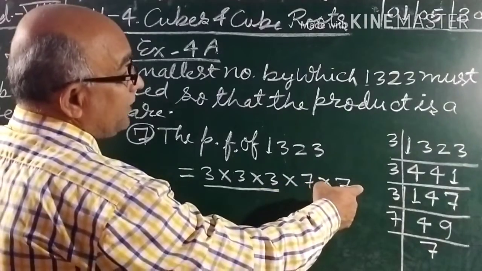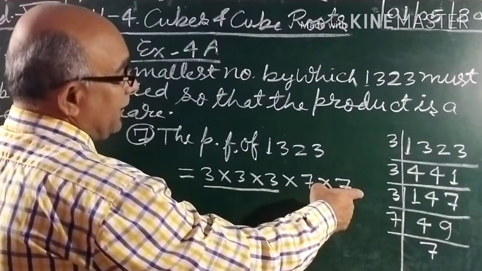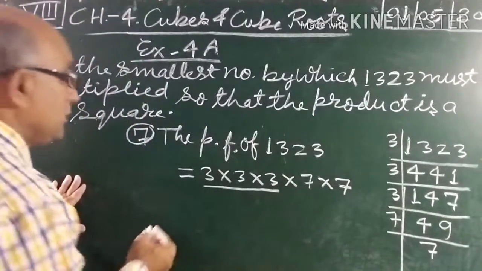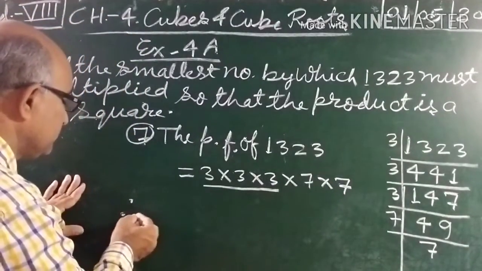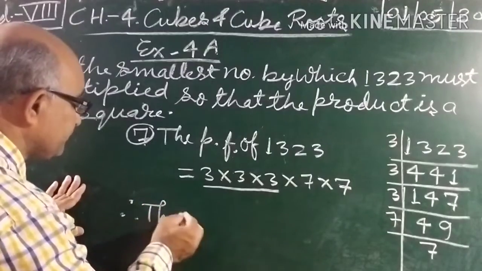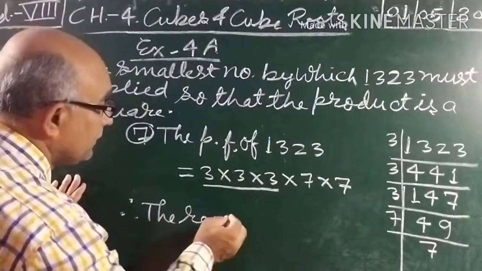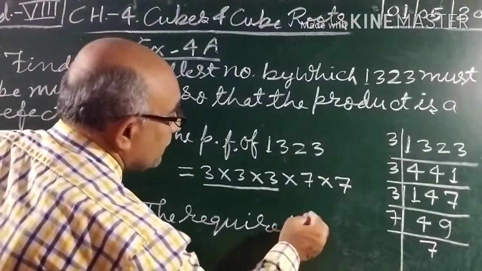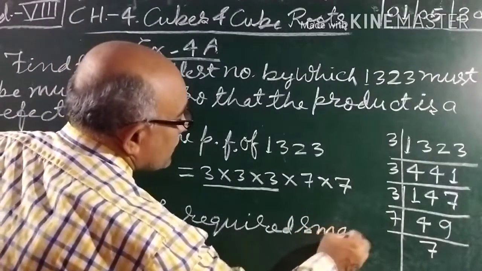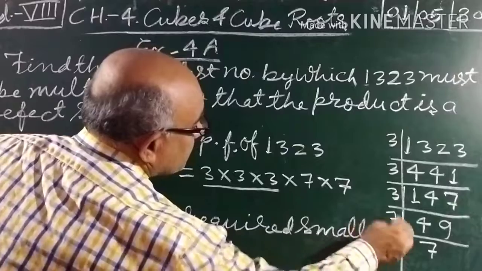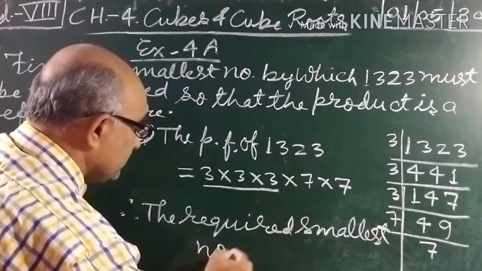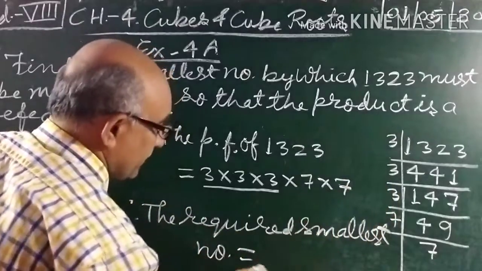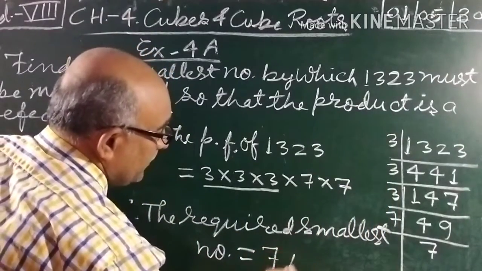It will be multiplied by 7, then it also completes a triplet. So therefore the required smallest number is 7. The answer will be 7.